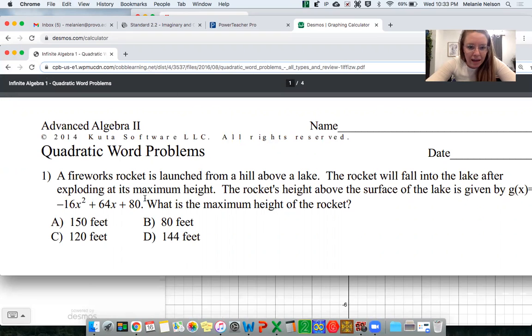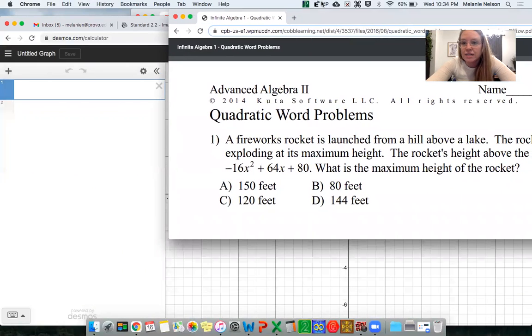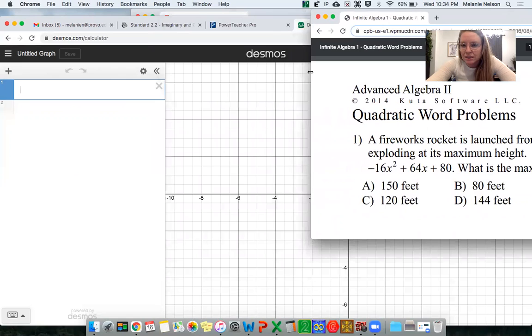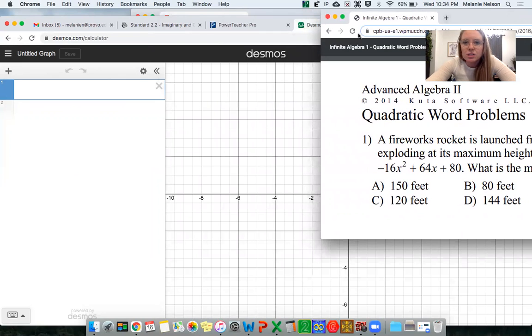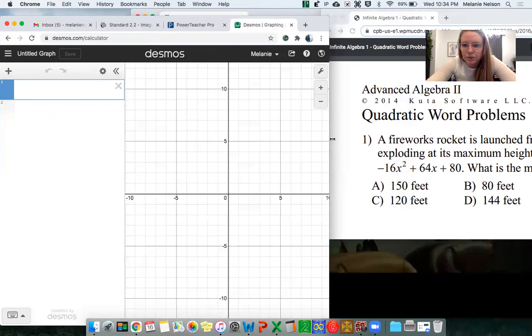So we have our equation here, negative 16x squared plus 64x plus 80, and we're going to type that into our Desmos calculator here. I've got to make my screen a little bit smaller so we can see both the equation and my Desmos at the same time. So, okay, here we are.